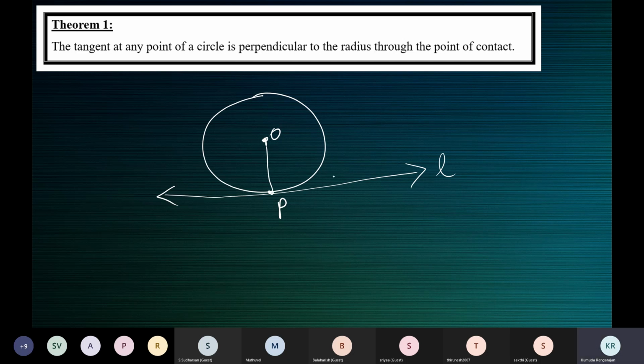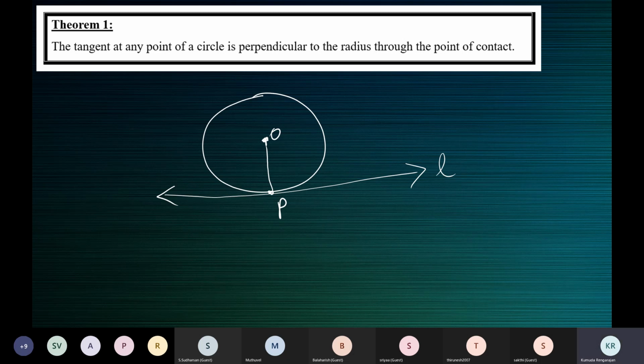Bring in that situation here. The tangent is that line, and the center of the circle is the point lying outside the line. Relate that to this.